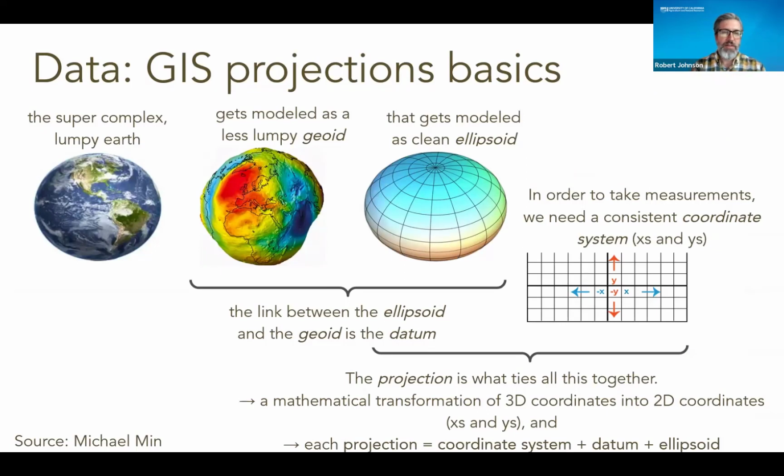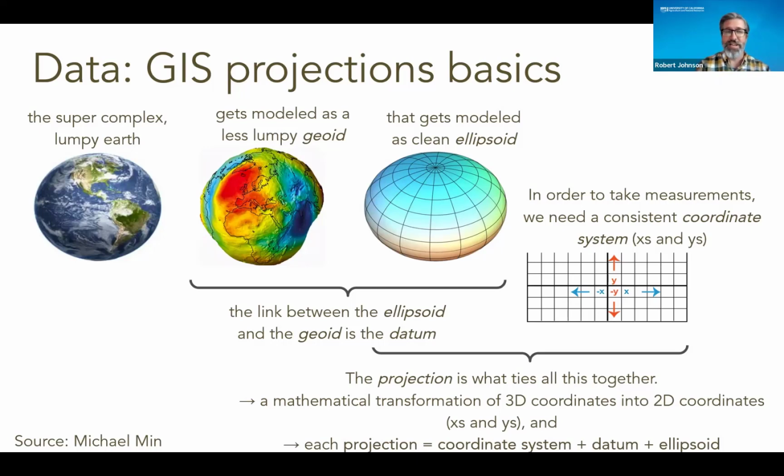Okay, how about a little intro overview of projections? The idea behind a map projection is the Earth is a three-dimensional object. It is not a perfect sphere. It's kind of pear-shaped and lumpy.